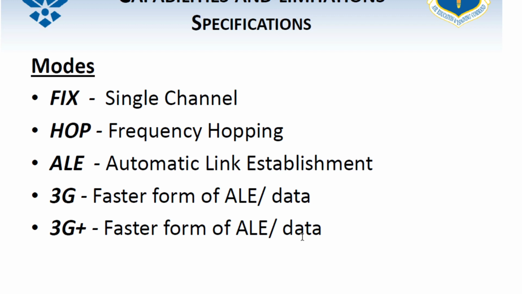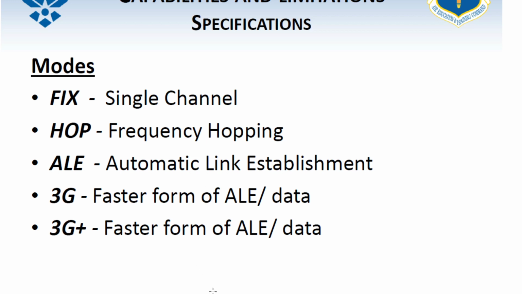So, anywho, our radio has several different modes. There is fix, that's single channel. It's got hop, which is frequency hopping. It utilizes automatic link establishment, 3G and 3G plus, which are both faster, better, newer forms of ALE.